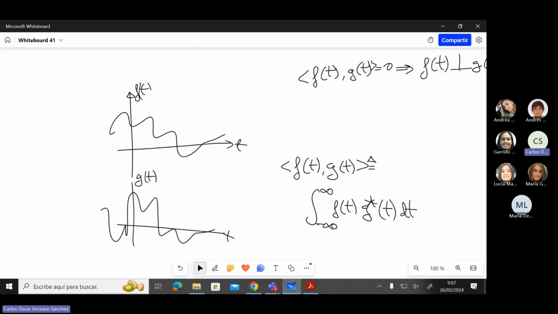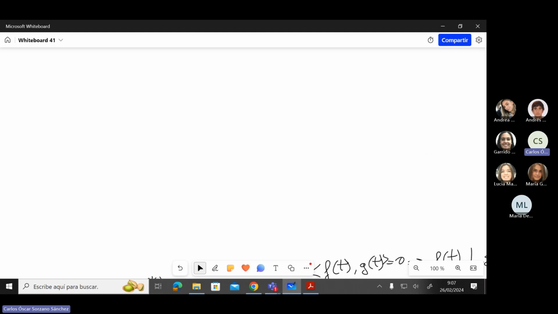I have to define some functions. I call those functions phi of t. That will be the complex exponentials.